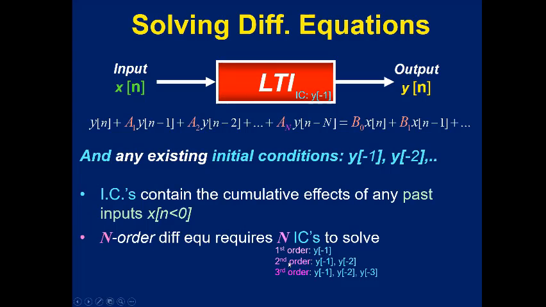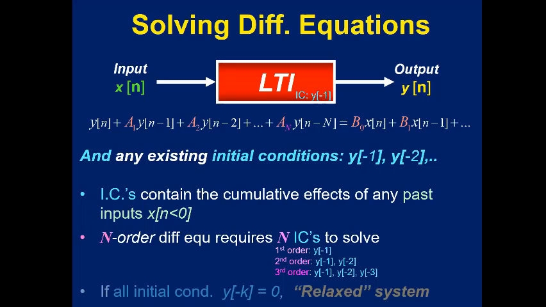If I have a second order system, with a y of n minus 2 term, I need two initial conditions, y of n minus 1 and y of n minus 2. If I have a third order system with a y of n minus 3 term, then I need three initial conditions. Notice that all the initial conditions start at y of minus 1, one sample before we hit it with a new input, and keep progressing backwards from there for however many we need for the order of the difference equation that we're trying to solve.